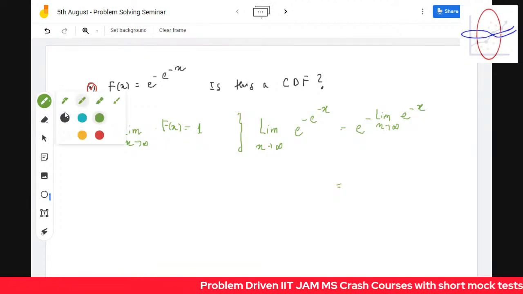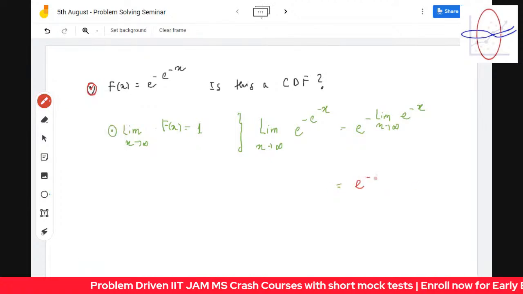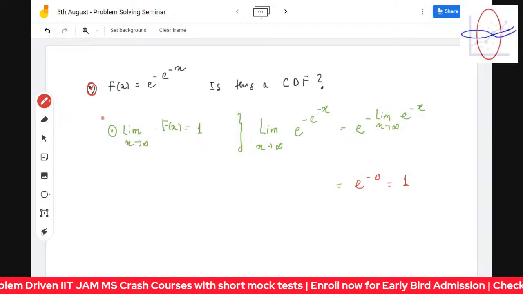Perfect. So we get e^(-0), which is equal to 1. It's perfectly matching.